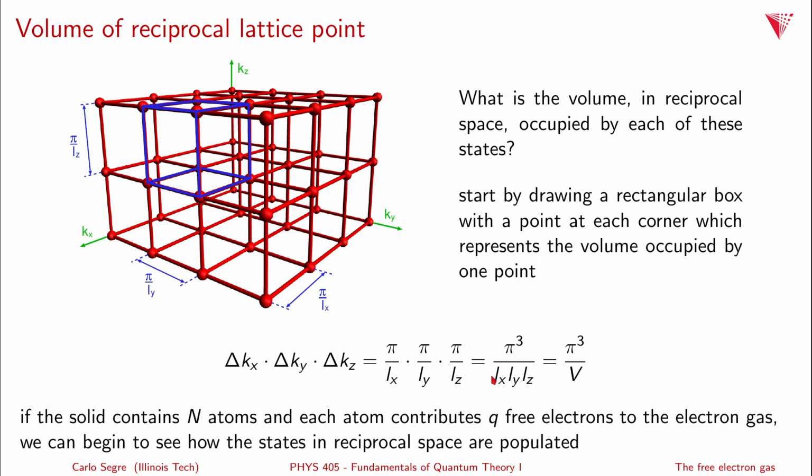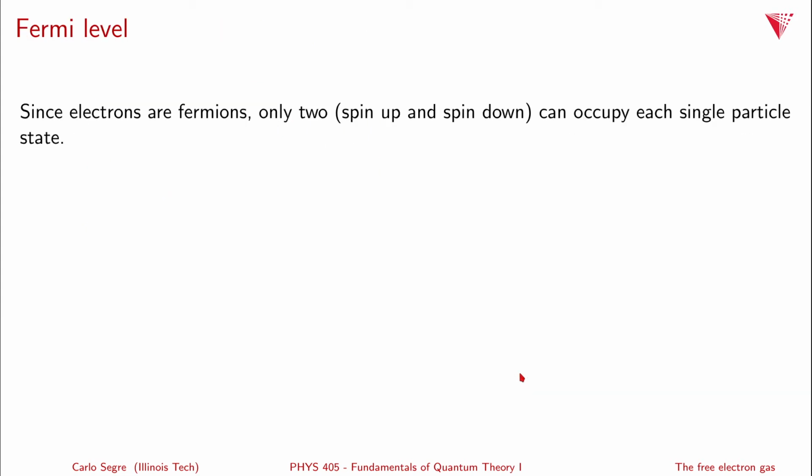Now, if the solid contains n atoms, and each atom contributes q free electrons to the electron gas, you can now start enumerating how the states in reciprocal space are populated. So the energy depends on the distance away from the origin in k-space.